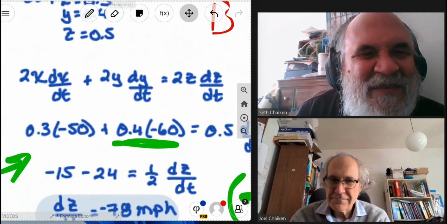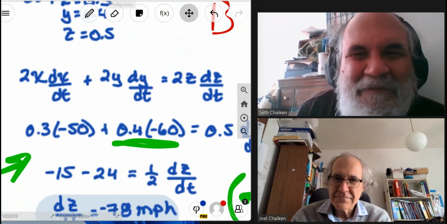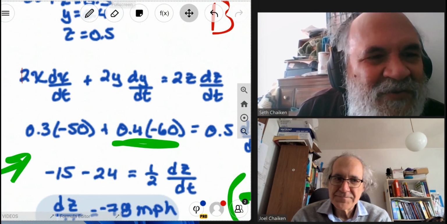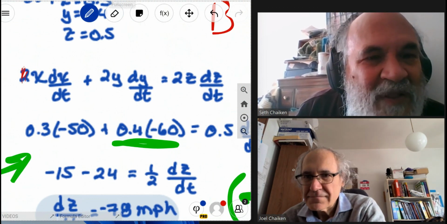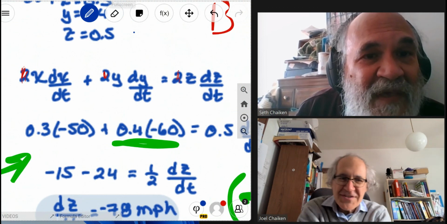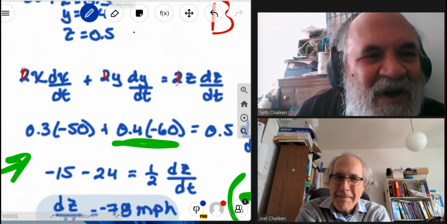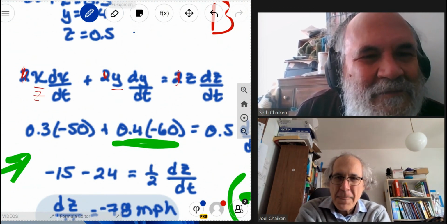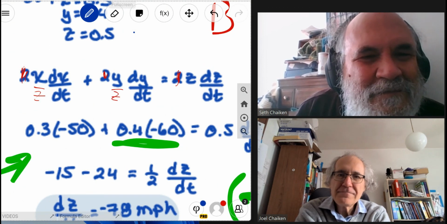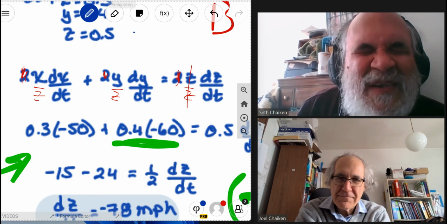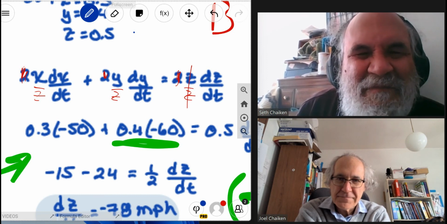Now, of course, cancel out the 2's. Divide both sides by z. This becomes a 1. What we get is dz dt.